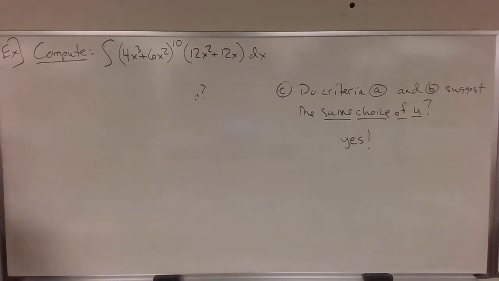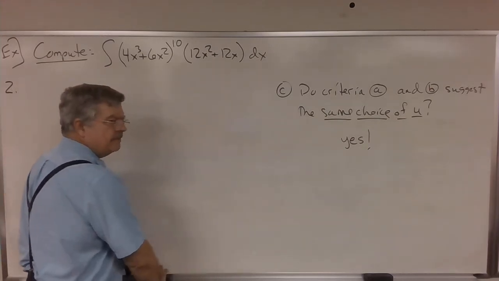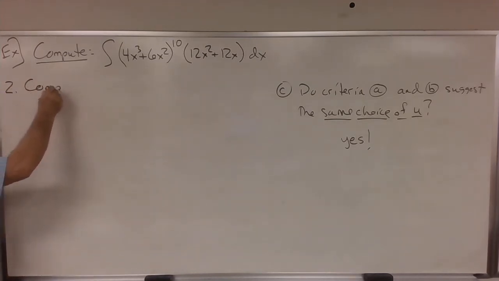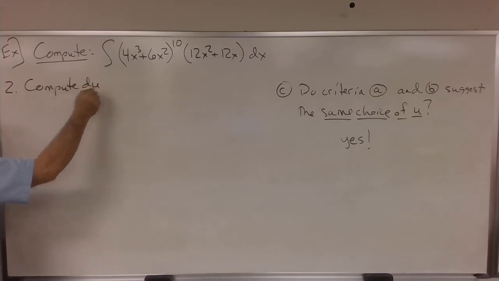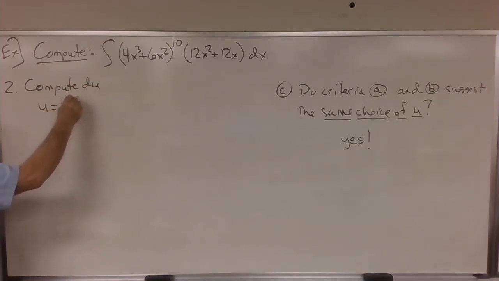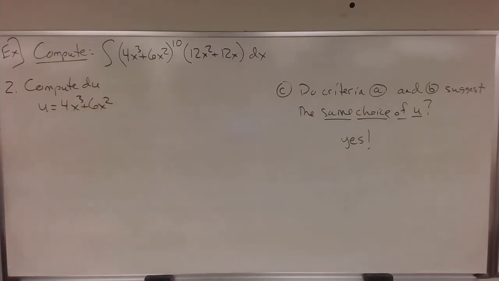And our second step, what is that? Step 2. Anybody got that? Step 2, compute du. So we start off with our choice of u, 4x cubed plus 6x squared. And we want du, so we compute the derivative of both sides with respect to x.